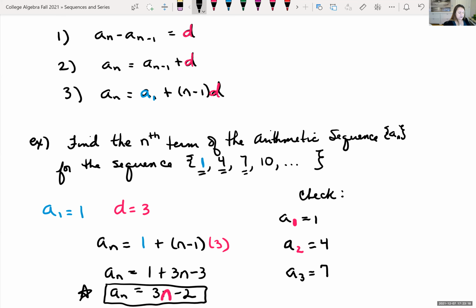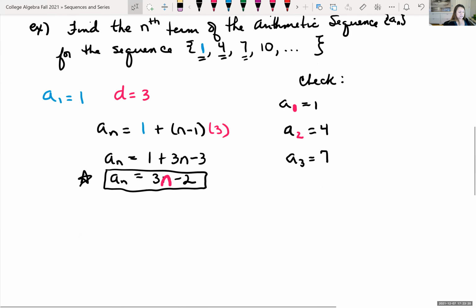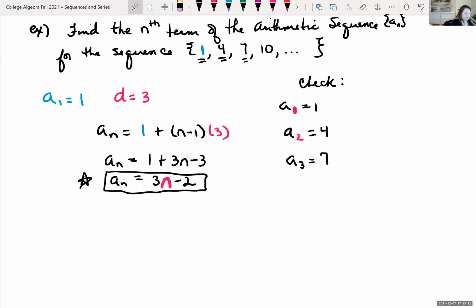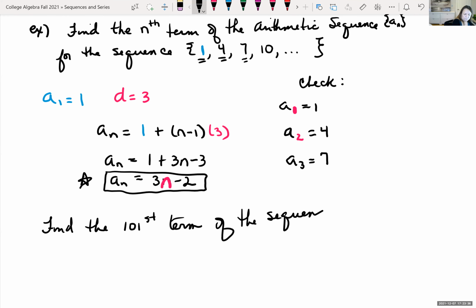And so from there, we could find any term of the sequence. So if they said now find the 101st term of the sequence, well, we would look at a sub 101.